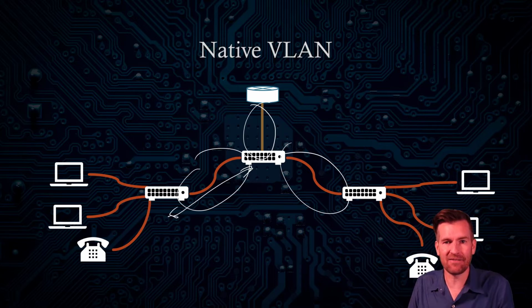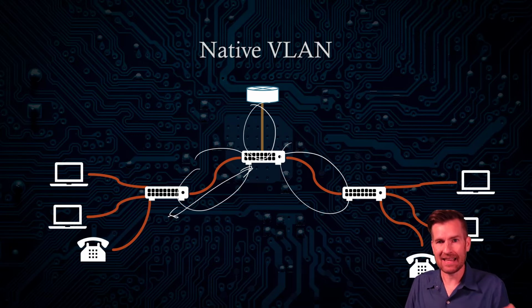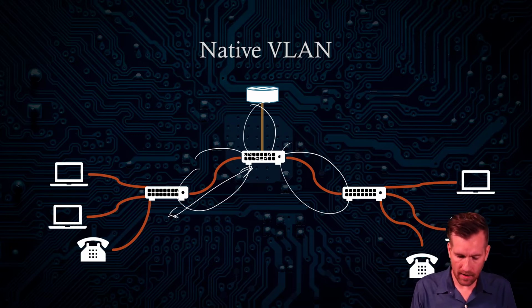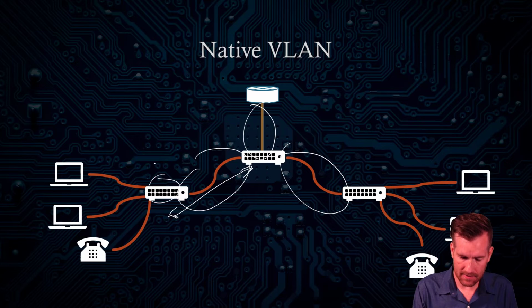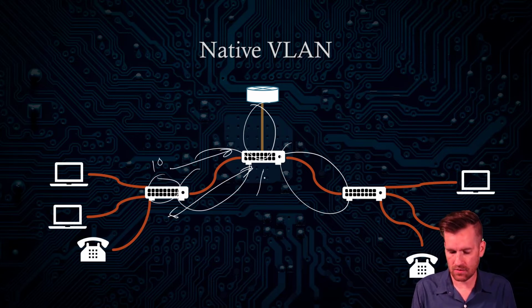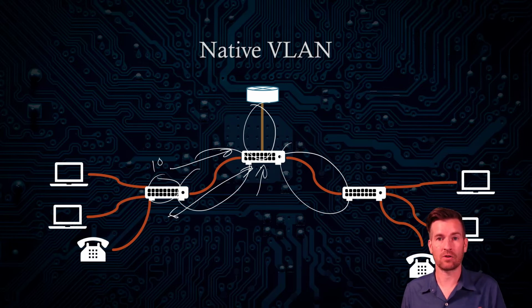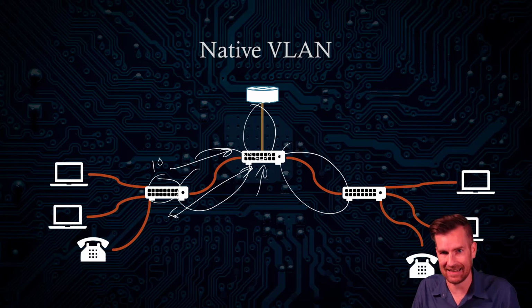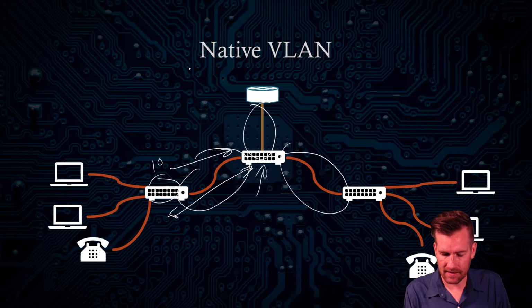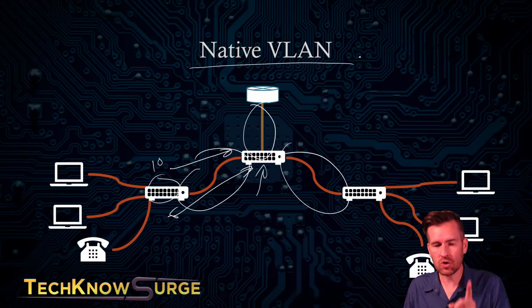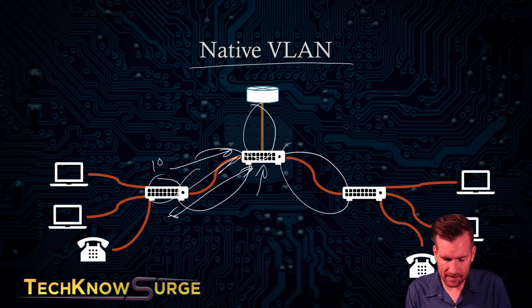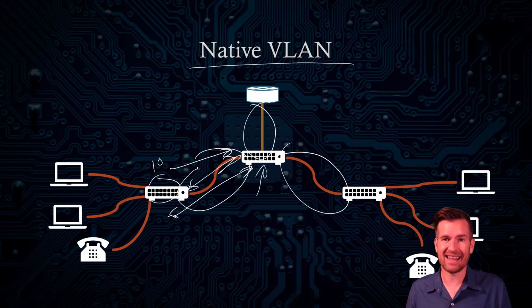We have to identify what VLAN that traffic is a part of. So when this switch gets something on VLAN 10, let's say, and passes it on to this switch, this switch knows that traffic is coming across for VLAN 10. But the native VLAN is the one traffic that goes across that link that is not tagged.